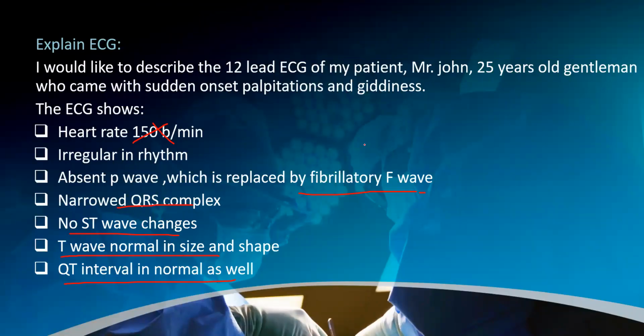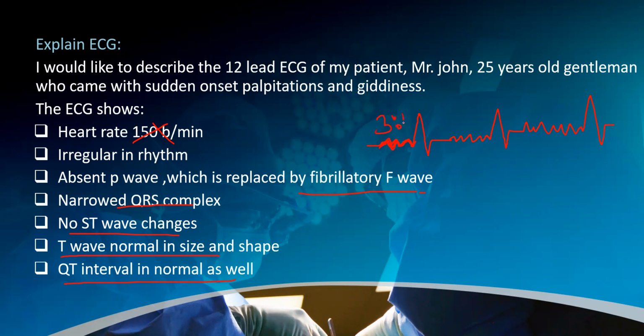So let's say atrial flutter. Now, what you are seeing here is called sawtooth appearance. There are 3 P waves followed by 1 QRS complex.